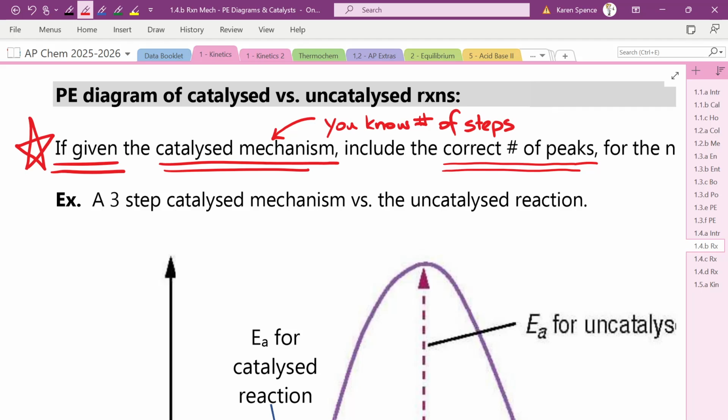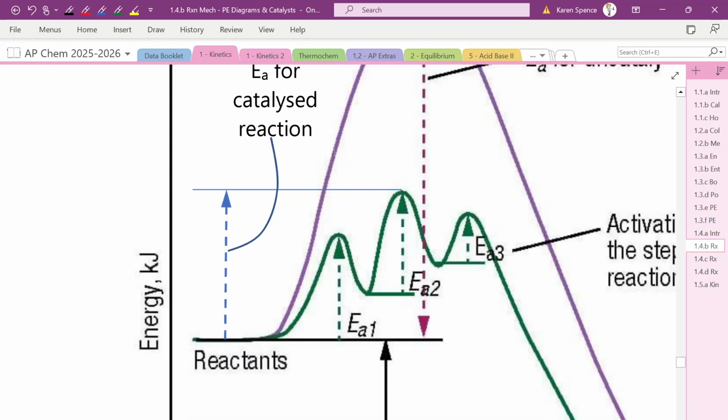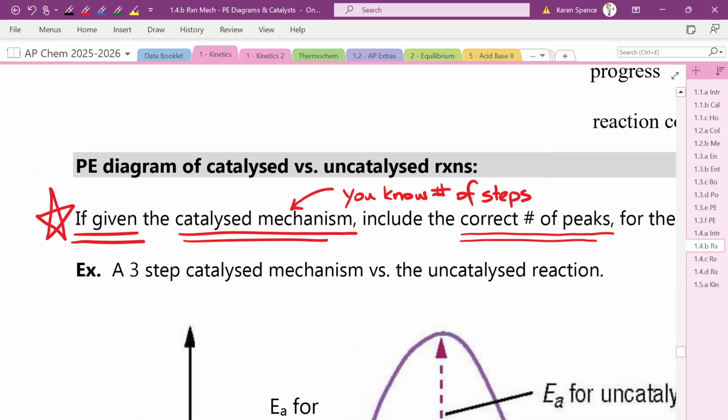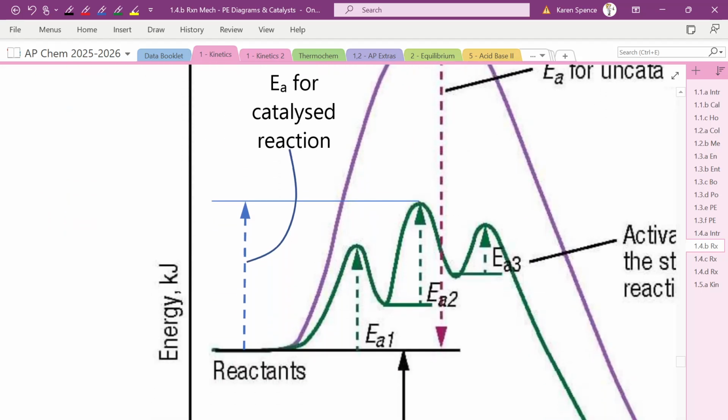But if you happen to know that you have a 3-step reaction mechanism, then you should include the correct number of peaks. And if you know that the second step is the slow step, then you should make that peak the highest. Okay? The other ones don't matter, right? You just know that they're lower. So it doesn't matter if peak 1 is greater than peak 3.